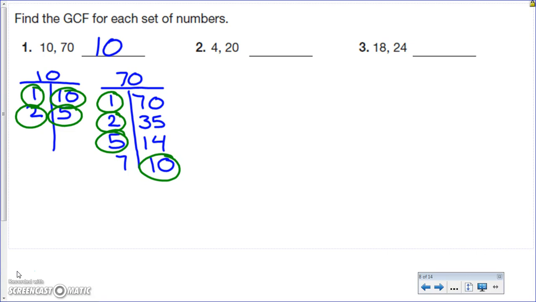Next, for number 2, we're going to do the same thing for 4 and 20. So we're going to list both numbers and list their factors underneath them.